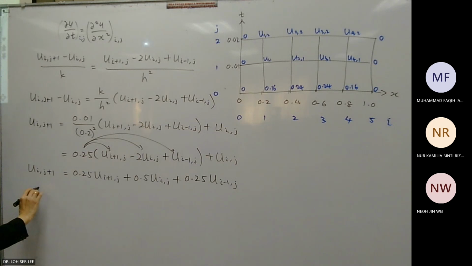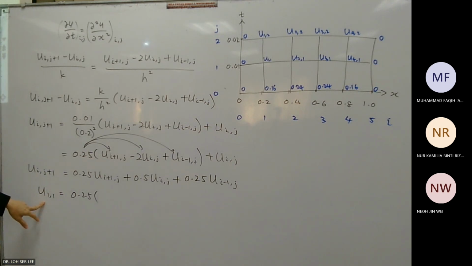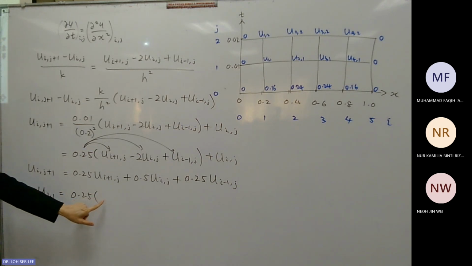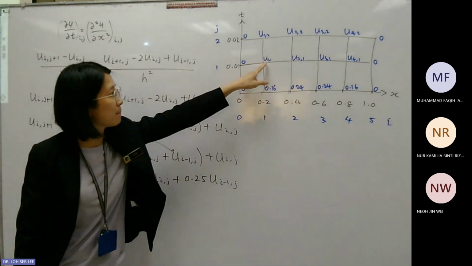U11. So how to get U11? 0.25 multiplies... U11 is here.